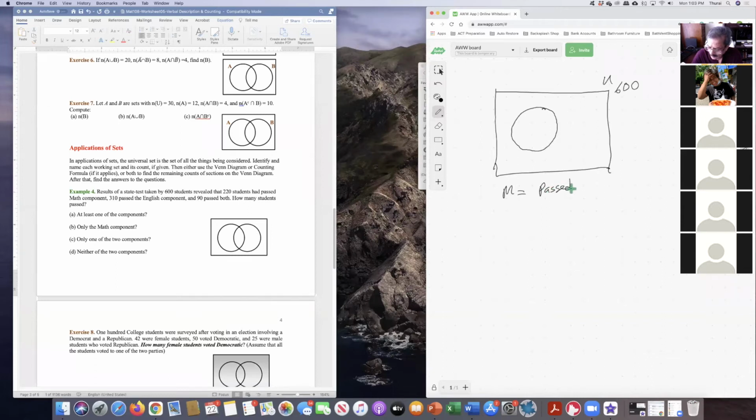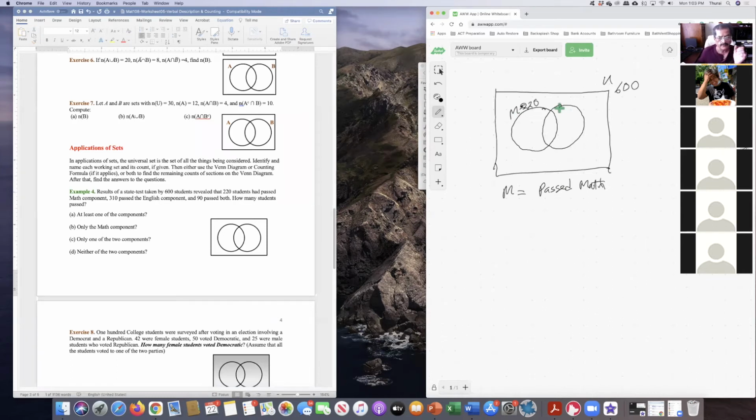You don't need to write down these definitions, but you can mark them directly on the picture. I'm going to call it M, and number of elements is 220. I'm going to put that number right outside the circle, because inside the circles, you have sections, and you should write the sections only, the number of elements in the sections.